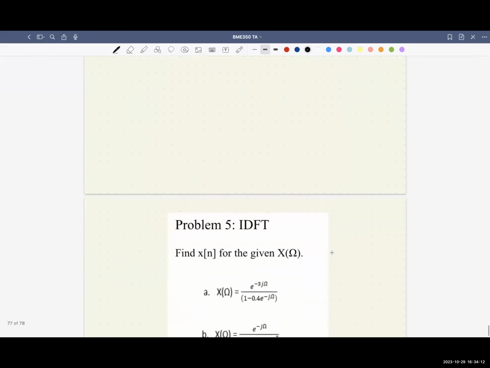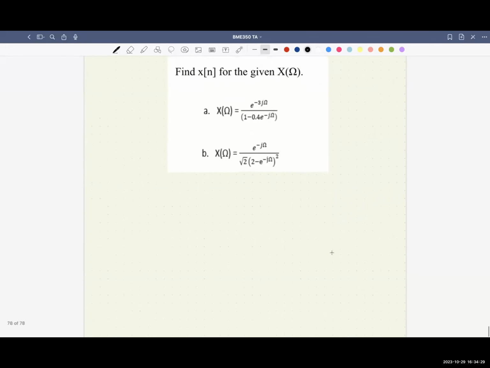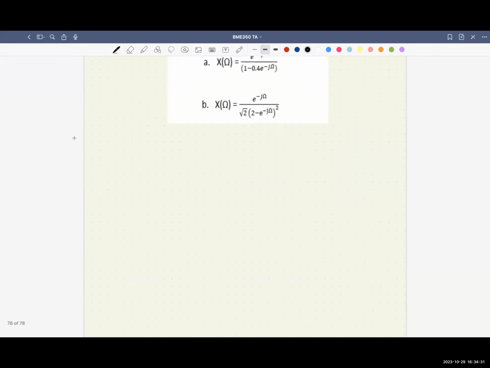Now let's move on to problem 5. I'm gonna give examples for 5A and 5B, and if you know the principle of 5A and 5B, you can do 5C easily. Okay, let's start with 5A.